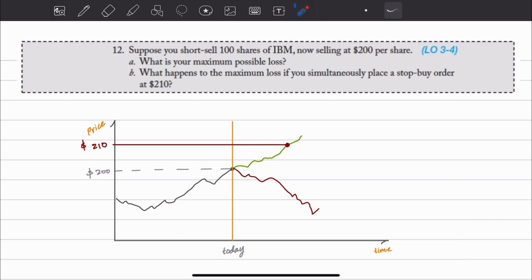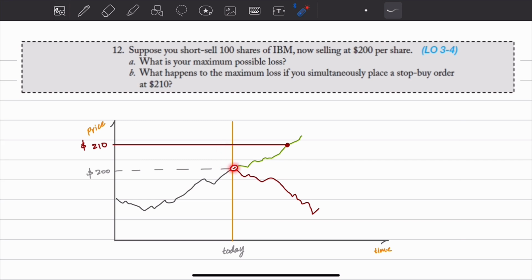So after you short sell the stock, you borrow it and sell it. Let's say it started going up in price. What will happen once the stock price hits 210? The stop buy order is going to be executed. So you're going to buy the stocks again at $210, right? So that means this is going to limit your loss by this area.